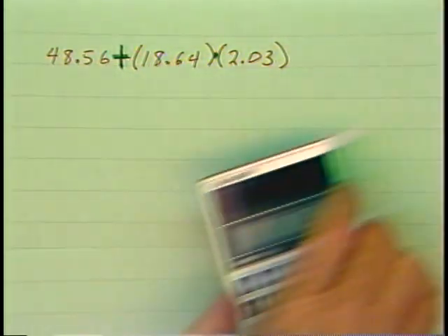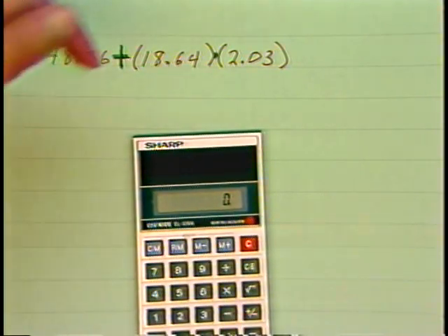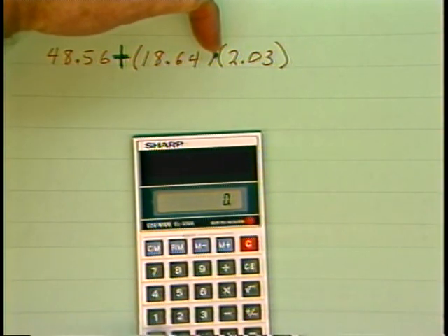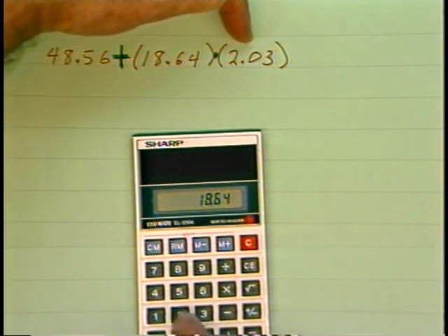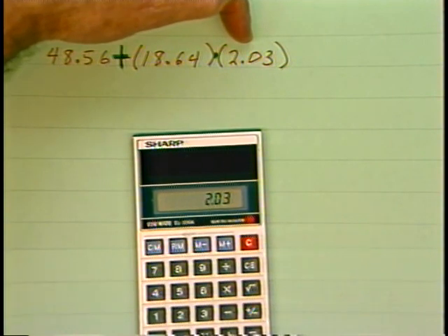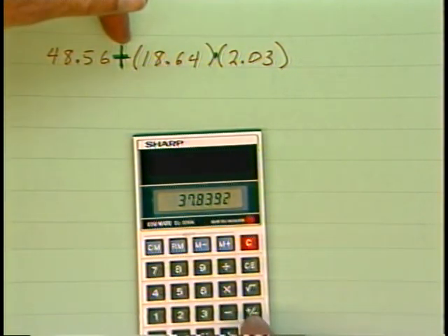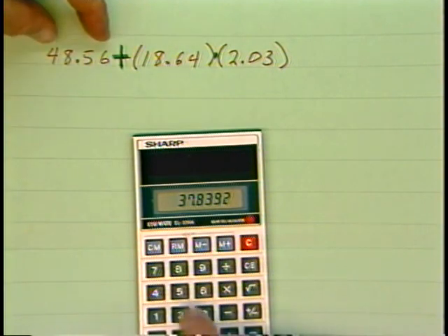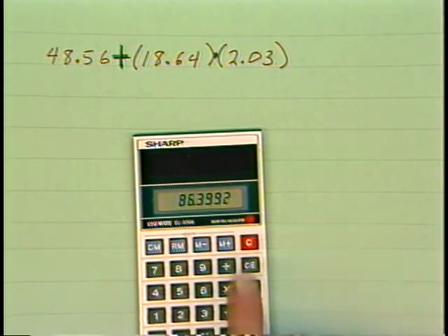If I had a non-order of operations calculator, then I must make the decision to do this one first. 18.64 times 2.03 equals, then take that answer and add to it this answer, 48.56, equal, and I'm done, and then round it off right on my calculator.